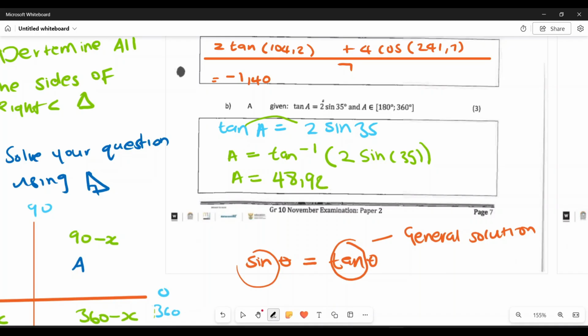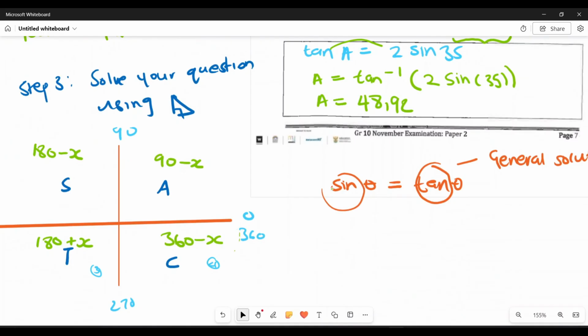Now, is 48,92 within the range we are given? No, meaning that we need to adjust it so that it is in this range. Remember, this A was attached to your tan. Because of that, to adjust this, we're going to use 180 plus, which is in the tan quadrant. Here, this is our reference angle.